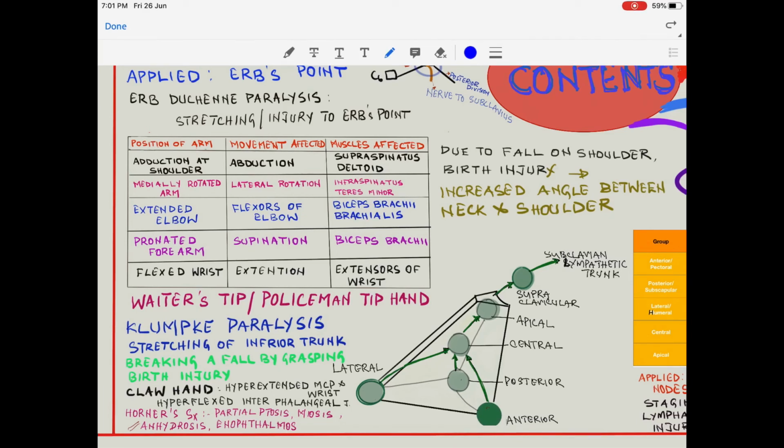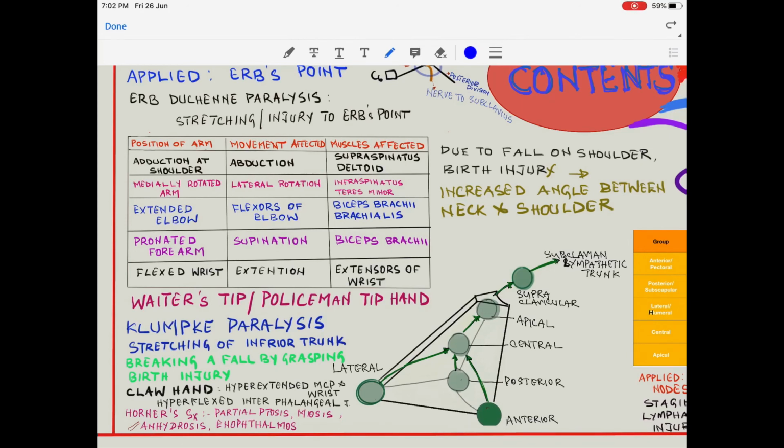Now there will be another accompanying feature there, that is called Horner's syndrome. Horner's syndrome is because the T1 is also giving out sympathetic fibers. That the thoracic spinal segments are giving out sympathetic fibers. So the fibers from T1 are affected, so there is Horner's syndrome.